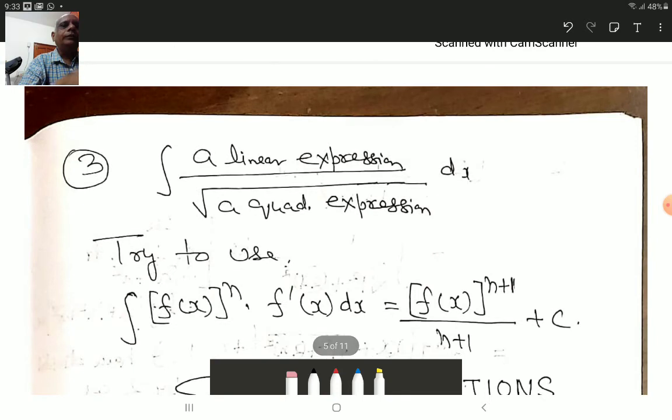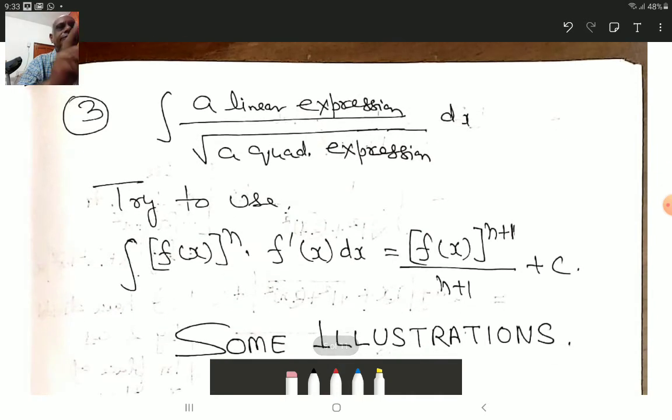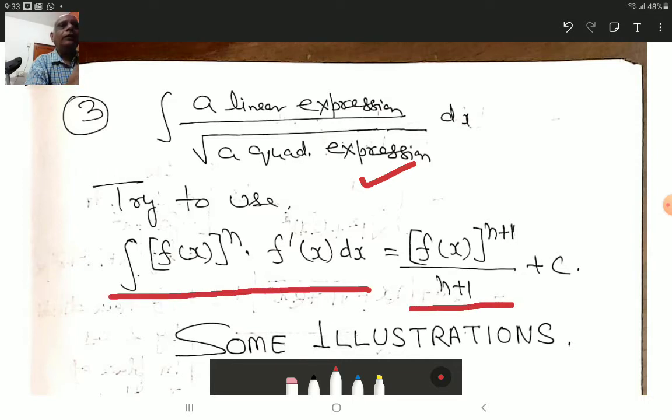Moving forward. Second situation was linear expression upon quadratic, and here it is linear expression upon square root of a quadratic expression. How to do it then? Here I will try to apply this formula. First of all, I will create derivative of quadratic in numerator by suitable adjustments, and then I will lift quadratic expression from denominator to numerator, and its power will become minus half, and then I will like to try this formula.